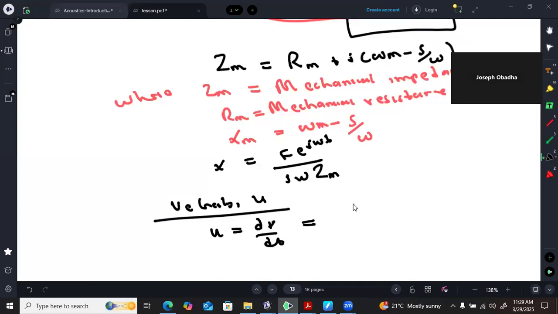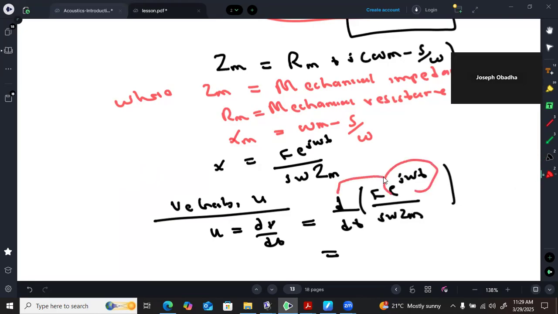So d by dt of F e^(j omega t) over j omega Zm gives us j omega into F e^(j omega t) over j omega Zm.